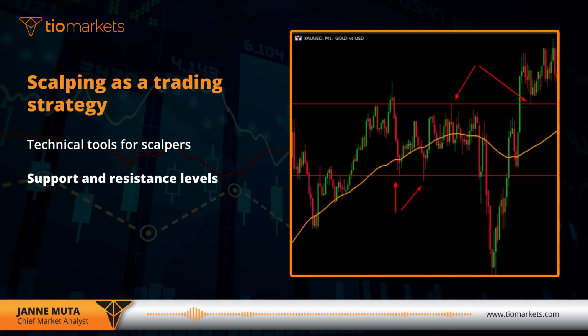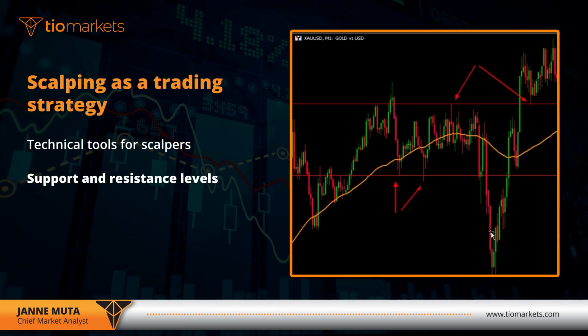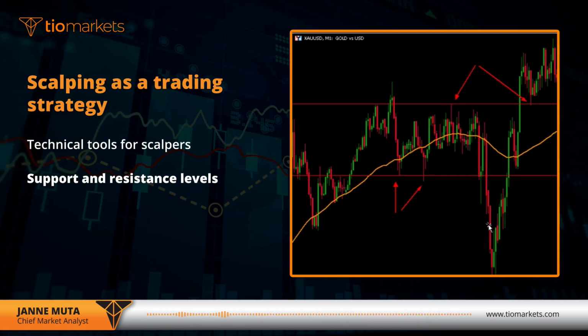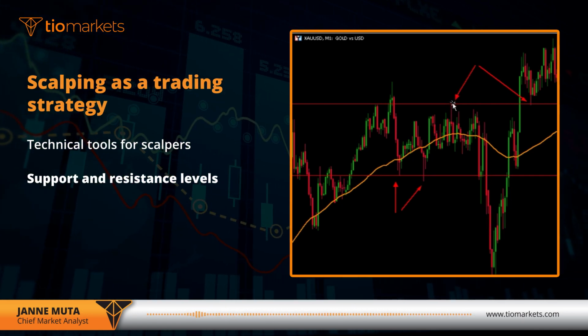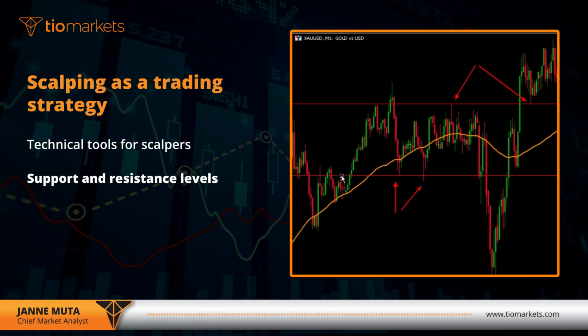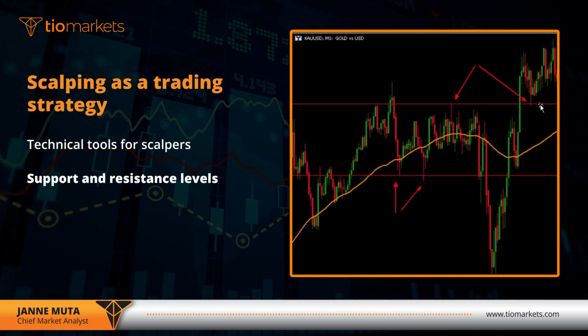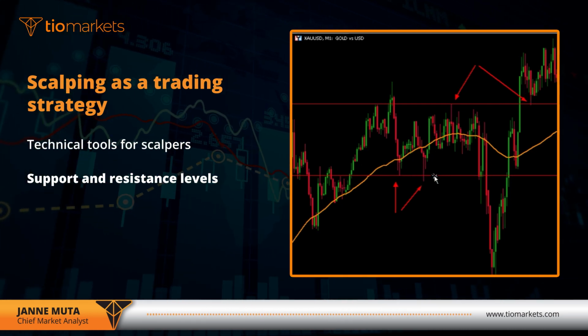Here in this chart, I have 1 minute levels, 1 minute candles, and a couple of levels. In both occasions, we have price finding resistance there and here too, and then the same levels act as supports. So these supports are buy opportunities for scalpers.